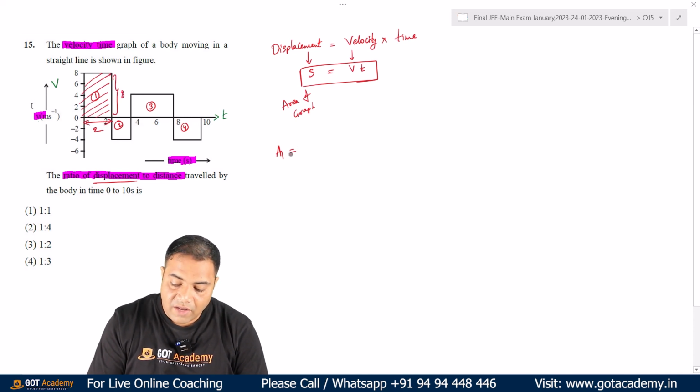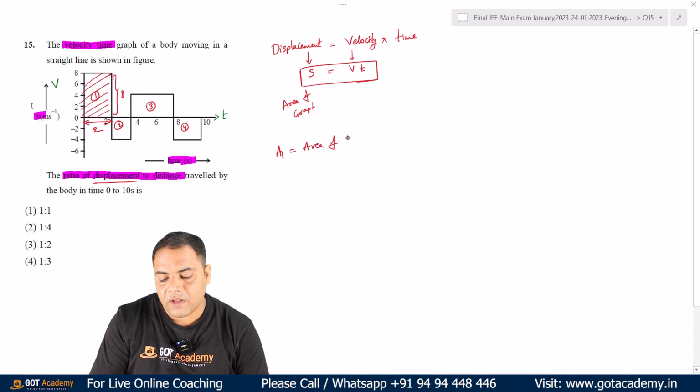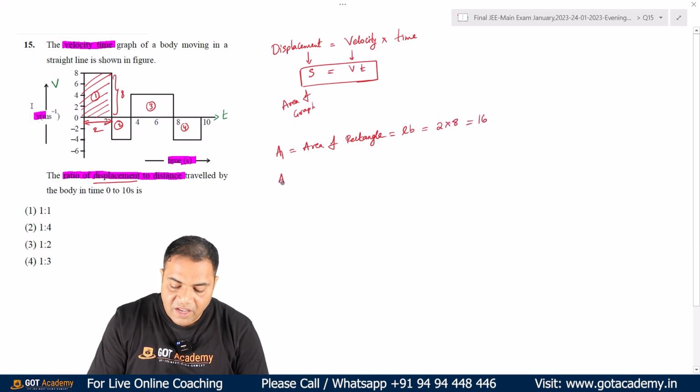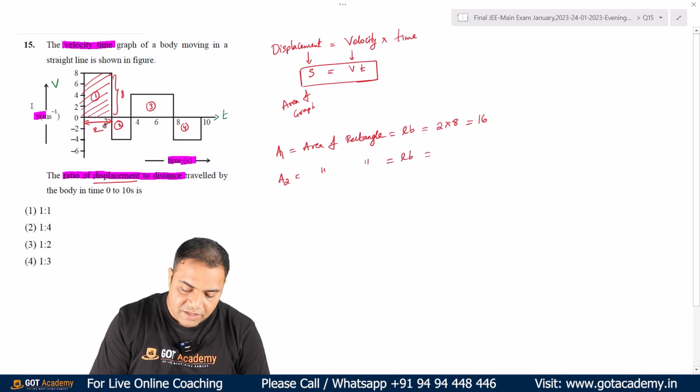So A1 is equal to, since it is a rectangle, the area of a rectangle, which is taken as length into breadth. One side is 2 and the other is 8. So the answer is 16. Similarly A2, that is also in the shape of a rectangle only.